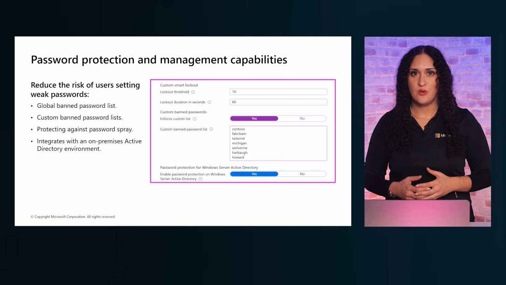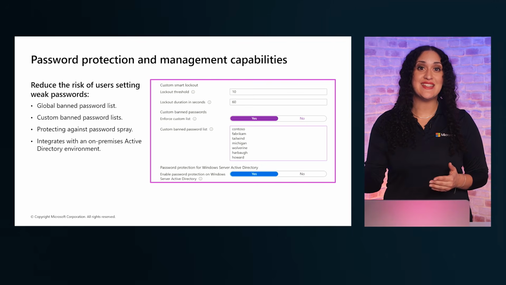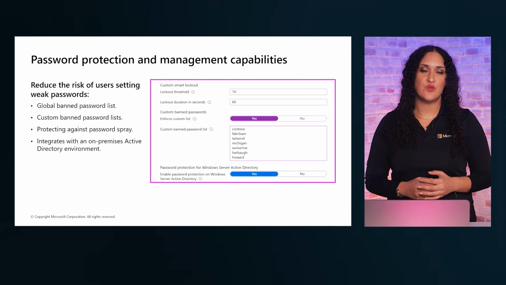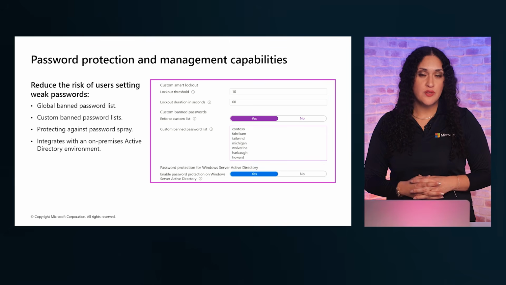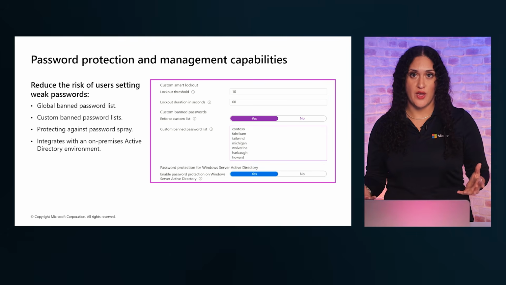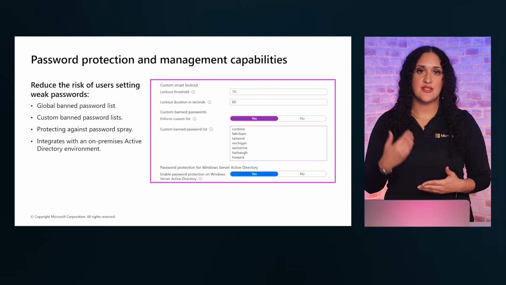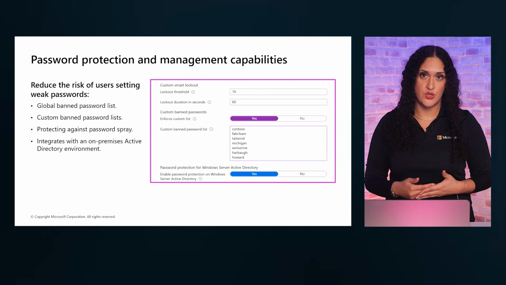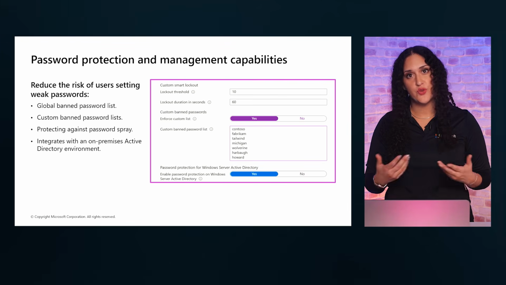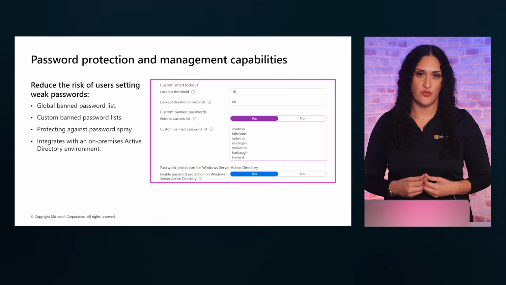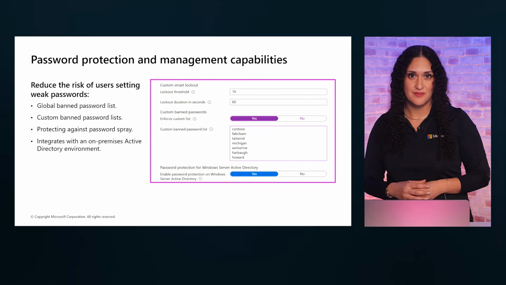In hybrid environments, this protection can be extended to on-premises Active Directory, so the same rules apply whether a user changes their password in the cloud or on-premises. The benefit is consistent and stronger password security everywhere, fewer attacks, and less disruption for users and IT teams.